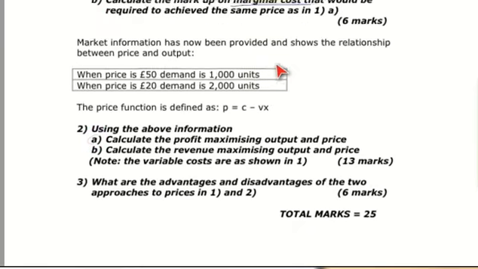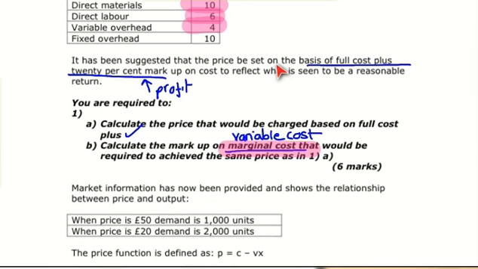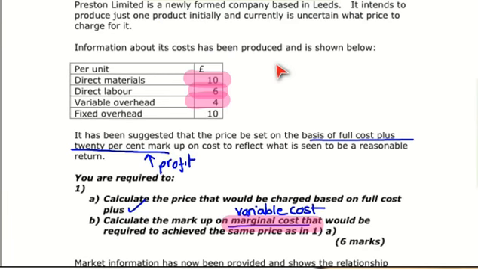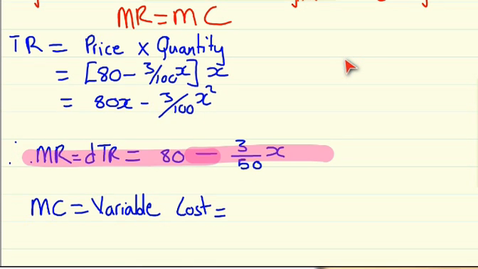Going back to the question, my variable costs are these ones that I highlighted in pink earlier in part 1, if you missed part 1 of the video. There's 3. So it will be 10 plus 6 plus 4, which gives us 20. So marginal cost is equal to 20.